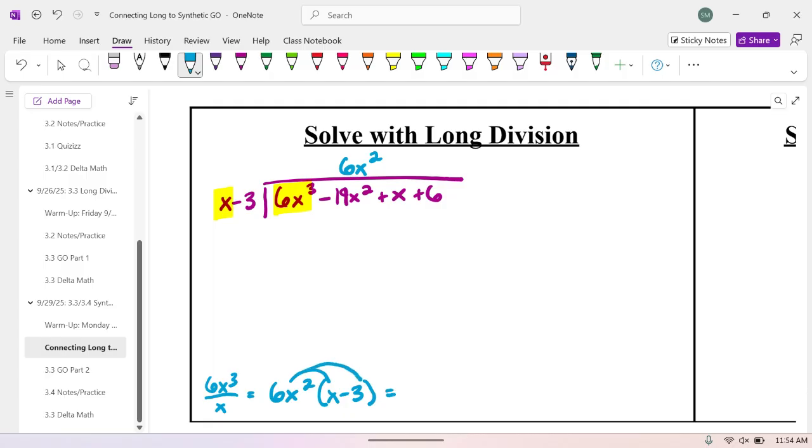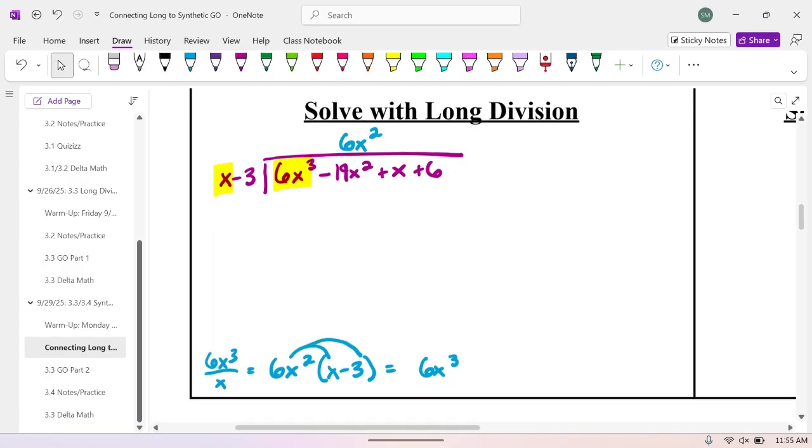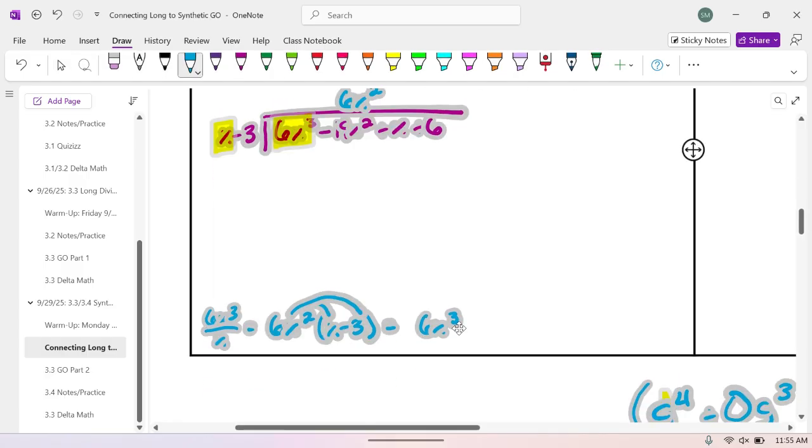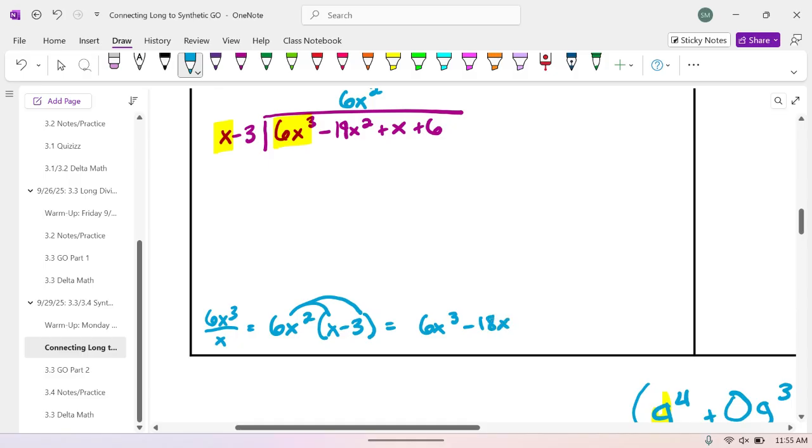So what would that give you when you distribute? Six x cubed and minus 18x. Good. And then before I can write up top, what do I have to do? Right.